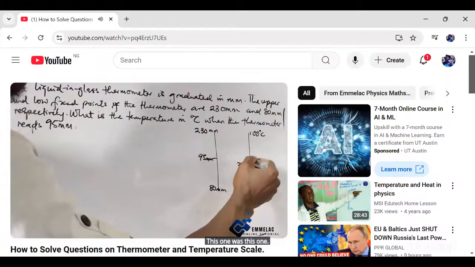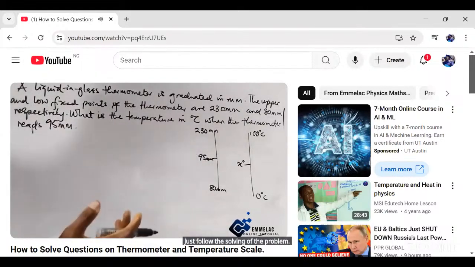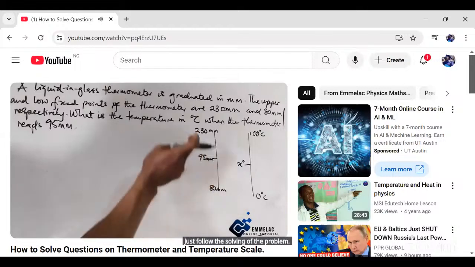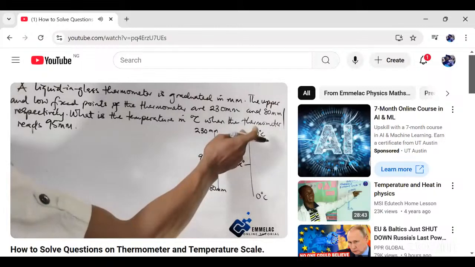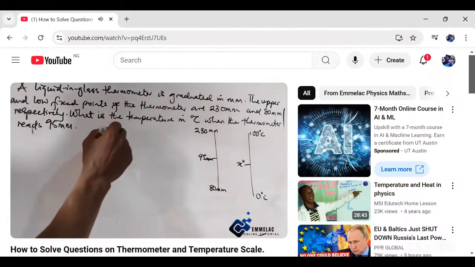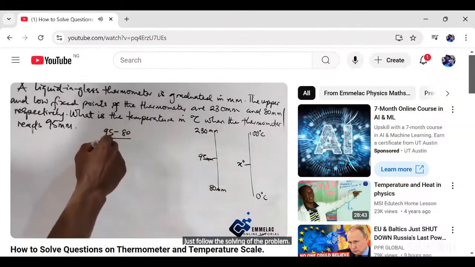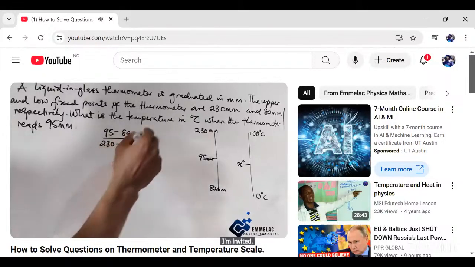Just follow the solving of the problem. Just write and follow it.